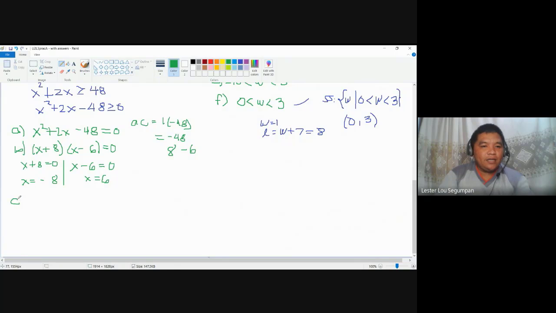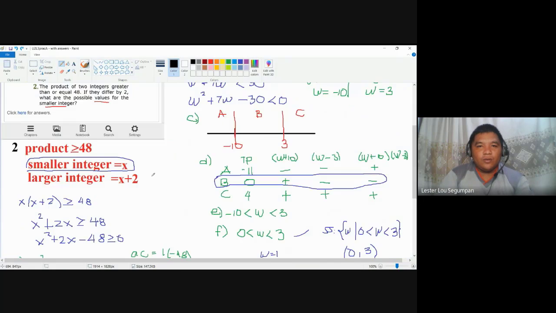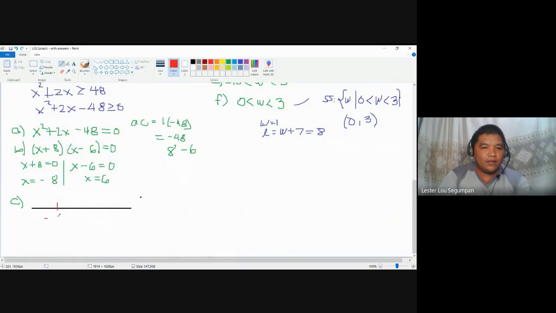So step C, I'm going to add another line here, a real number line. Sorry for that line. Okay, and then I'm going to place here the values. Let's use red, what color was it earlier, negative 8, and you have here positive 6.